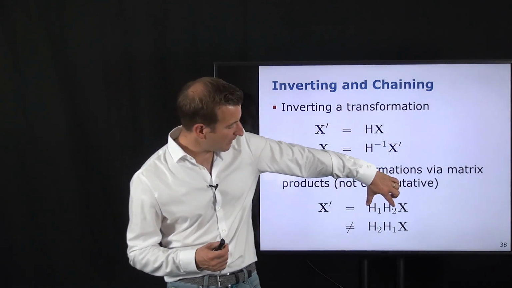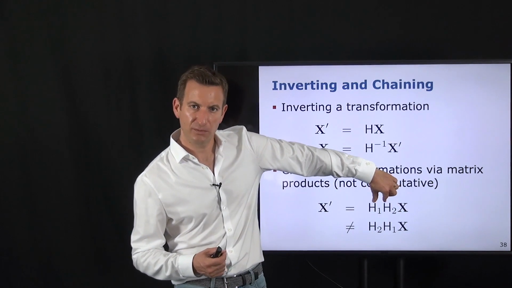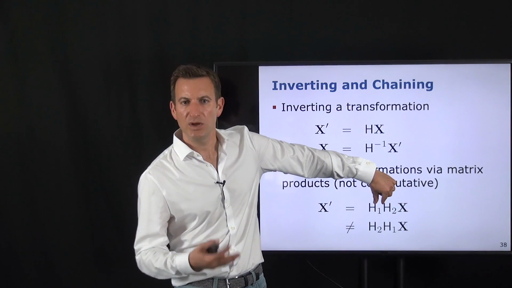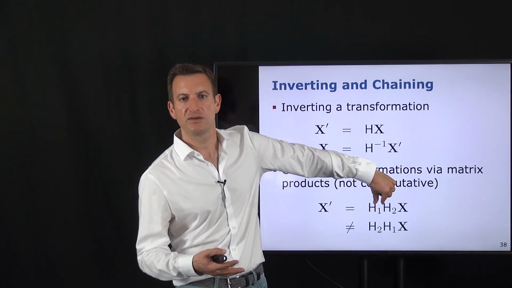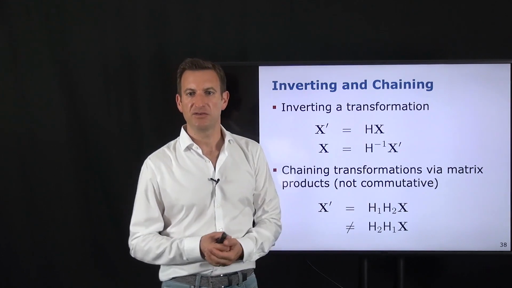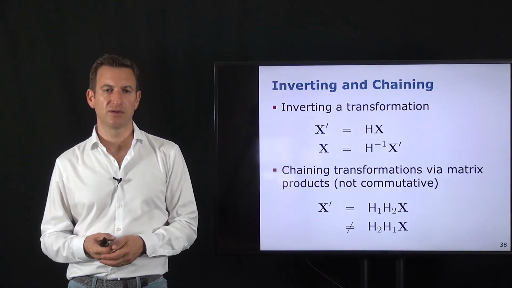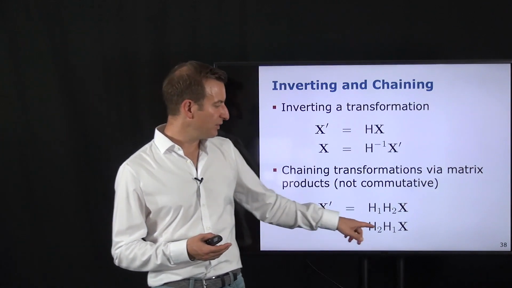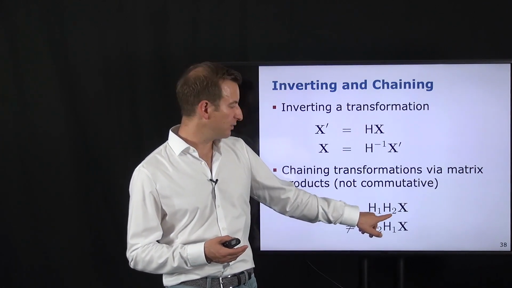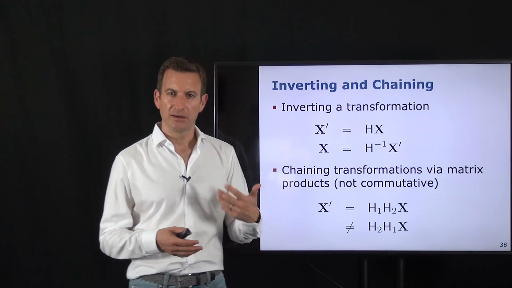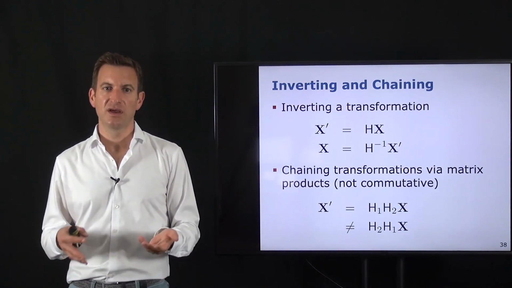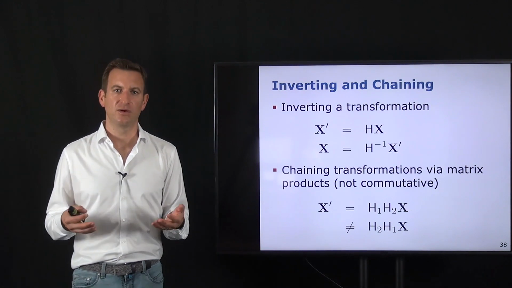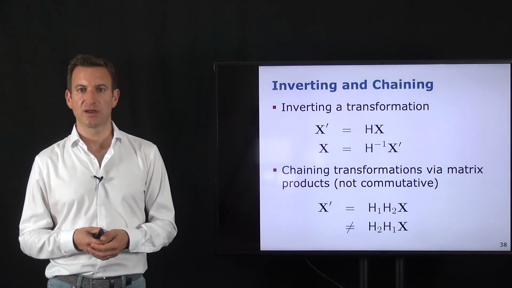I could also multiply those 2 matrices together because they're just 4x4 matrices. We'll get a new 4x4 matrix, which expresses the combination, the chaining of these 2 transformations. But as a note, this is not a commutative operation, so executing H1 and then H2 is different from executing H2 and then H1. You may remember this from the rotations, because in general, matrix multiplication is not commutative. So that's something that you also have to take into account here.